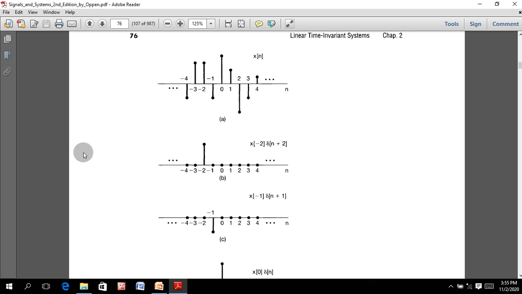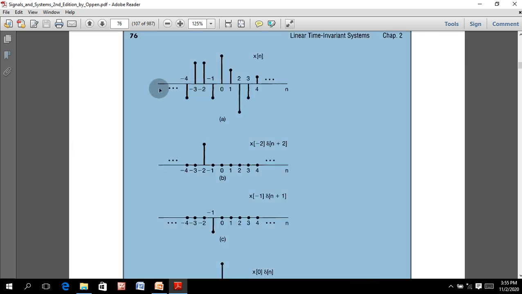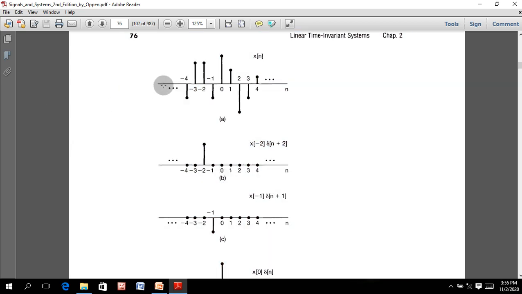You can achieve that signal just by adding the signals in this way. Suppose there is a signal with n from -10 to +10. The same process will be followed to achieve this specific signal.